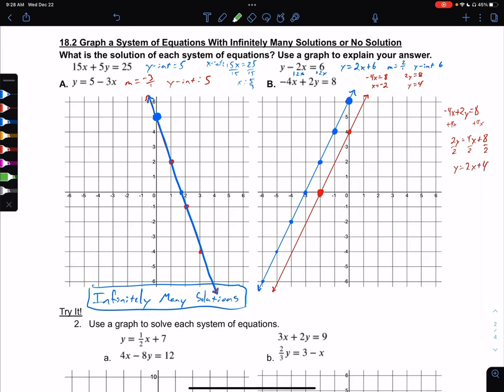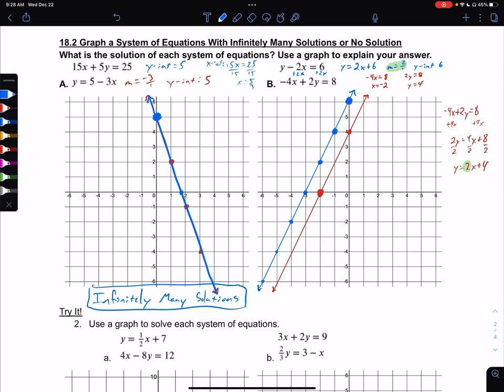And what we need to notice here is that my slope is the same in these two equations. And if the slope is the same and they have different y-intercepts, these two lines are parallel. If they're parallel, they're never going to intersect. And we can't have a solution to a system of equations without the lines intersecting.